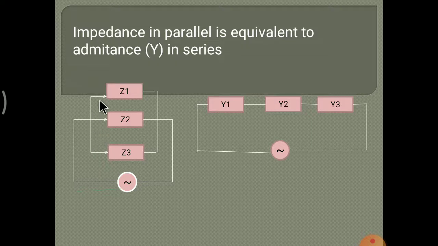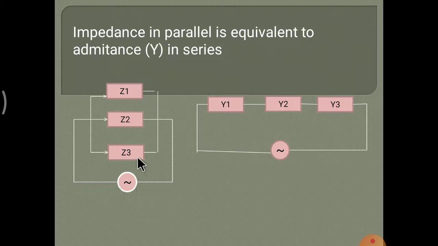So the current through this impedance, I1, is equal to the voltage source V divided by Z1. Then the current through Z2, I2, is equal to V divided by Z2.